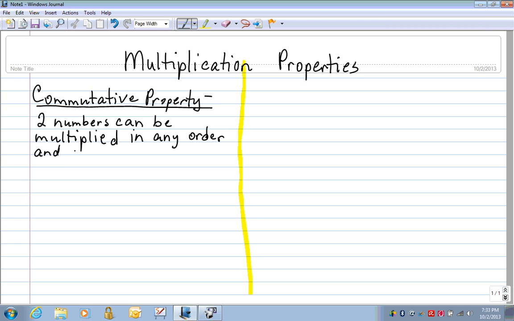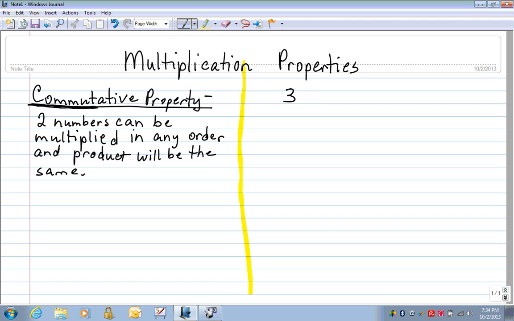And the product or answer will be the same. The root word here, commute, means that they can move around. They can commute back and forth, and it doesn't affect the outcome of your results.